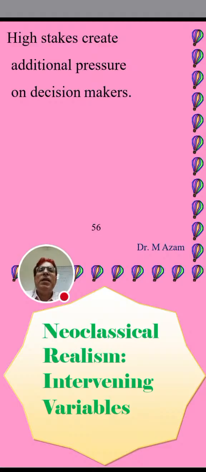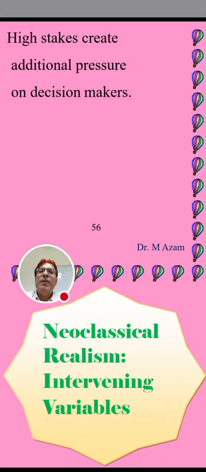High stakes create additional pressures on decision makers. Some of the decisions are very important. They can lead to disasters, or to good fortune for the nation. But some decisions can lead to dangerous results.